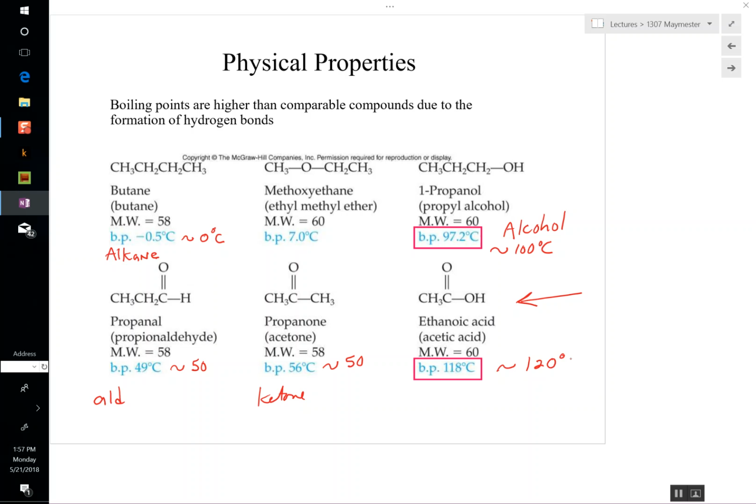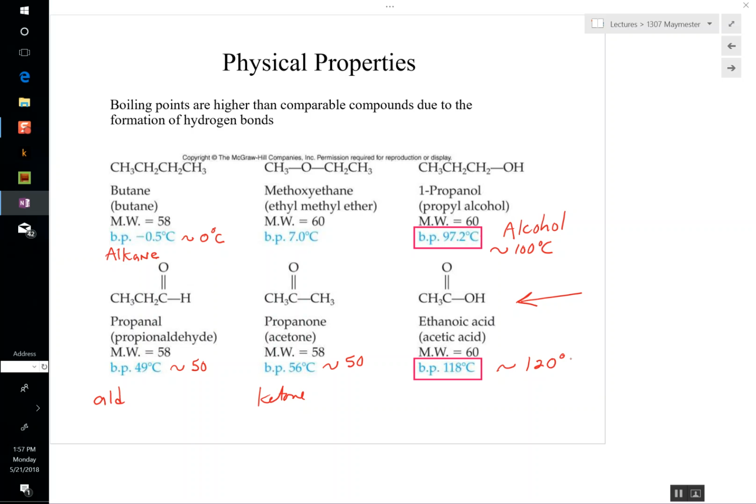So there's a stronger attraction here for ethanoic acid molecules to one another than there is over here with alkanes. Very low attraction. All right, we already said alcohol is pretty strong, pretty high boiling points. Well, the carboxylic acid is higher yet.